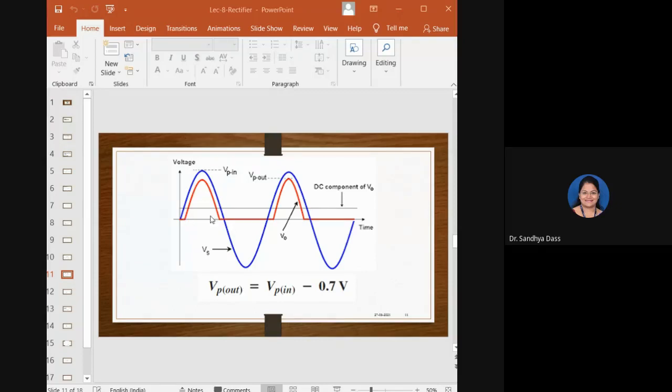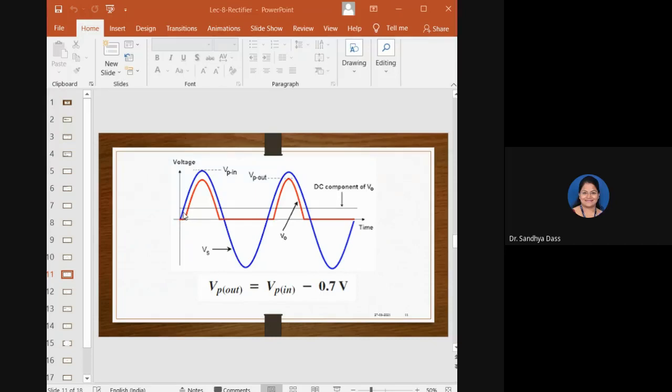The blue line is your input signal, and the red is the output. Observe this small horizontal red line, which is the value till where the diode has not started conducting, till 0.7. So the words resisting or absorbing are the wrong words there. Till 0.7, the diode is not forward biased and it is not conducting.